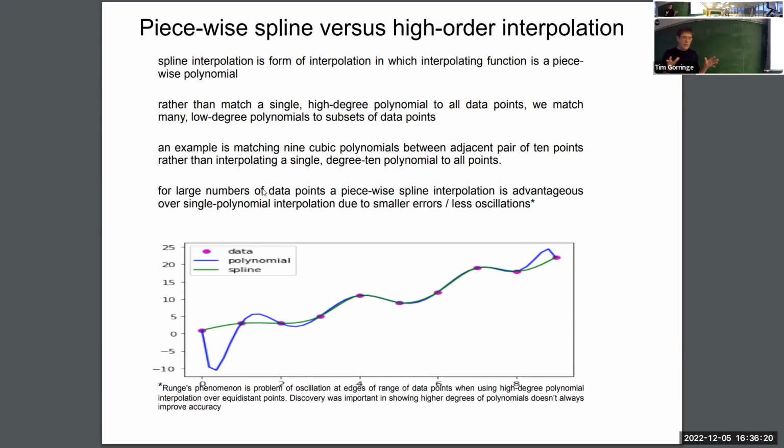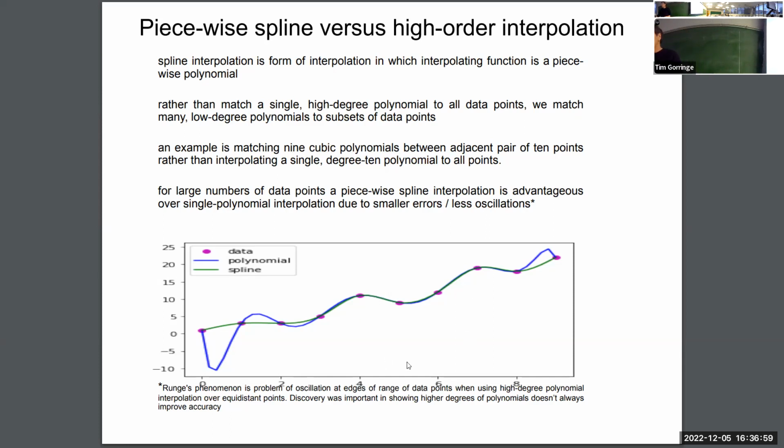Let me give you this example: supposing you had 10 points. You'd need a 10th order polynomial for the Lagrange interpolation. But if you were interpolating 10 points with the spline, you just need 9 separate low-order polynomials to interpolate between adjacent pairs of points. So if you've got 10 points, there'd be 9 regions that you would interpolate with their own, say, cubic functions.